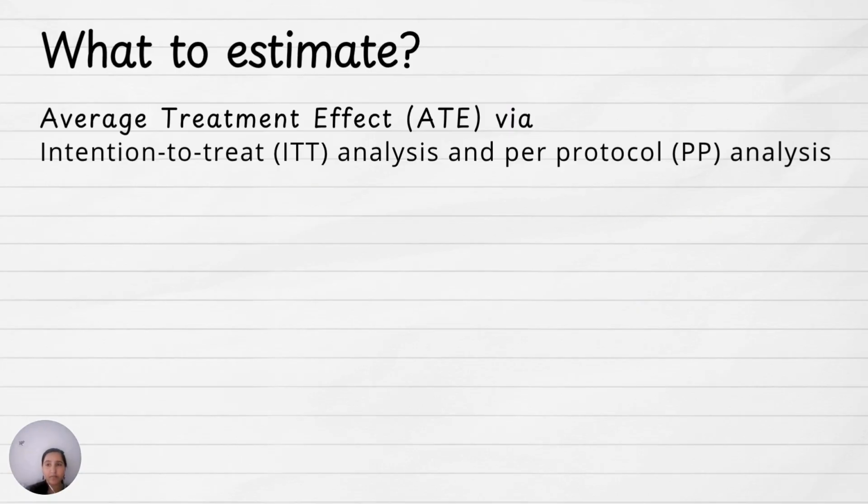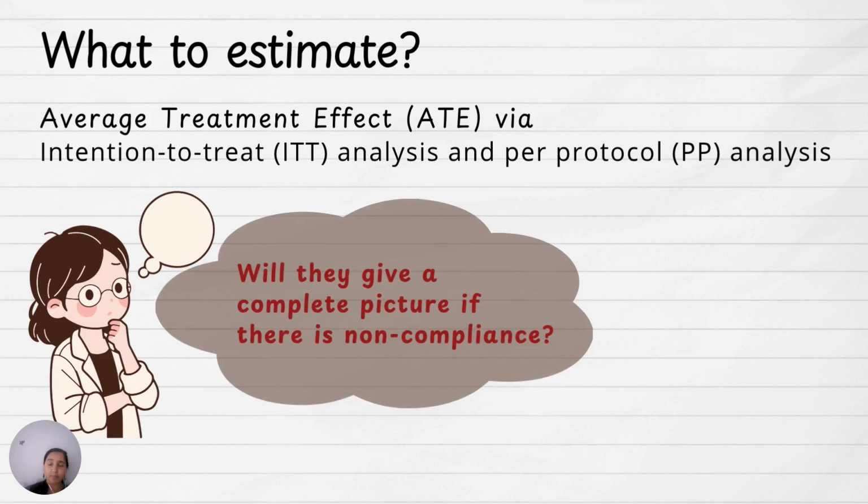So, in the context of this typical randomized trial, estimating the average treatment effect, commonly referred to as ATE, via intention to treat analysis, ITT effect, and per protocol analysis, PP analysis, would be the standard for evaluating the causal effect of this new drug A. However, these estimates may fail to provide a complete picture of the causal effect of the treatment on outcome if there is non-compliance among the participants.